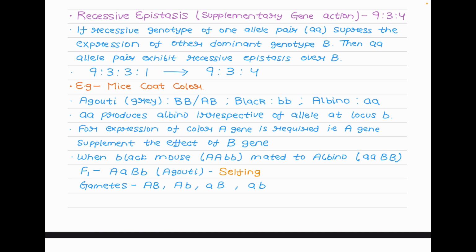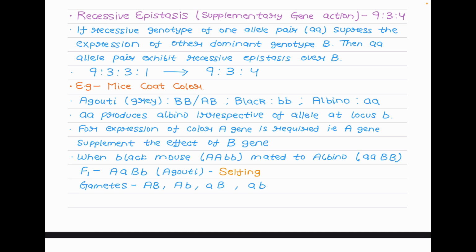If capital B is present, the pigment is distributed as agouti, which is called grey coat. If small b is present, pigment is deposited uniformly, producing a black coat. If a mouse is small a with no pigment, it will be albino, no matter what gene B is.